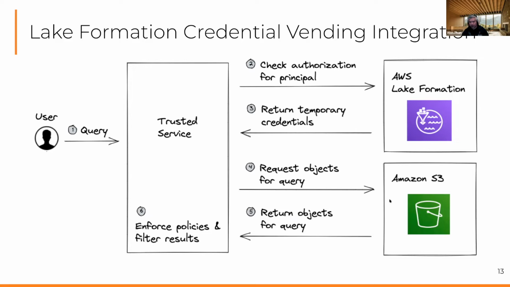As I make requests to the underlying storage that I need to do my query, I would get it back because I have the appropriate temporary credentials, which is vetted. And then the engine will enforce the policies and filter the results. So that's, at a high level, how the integration works. And these APIs are now publicly available from AWS.